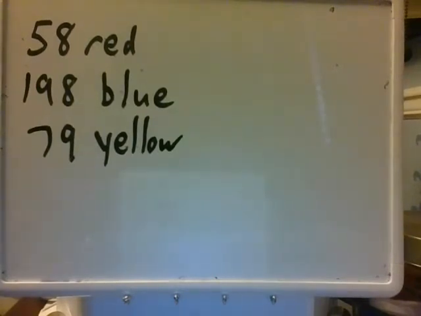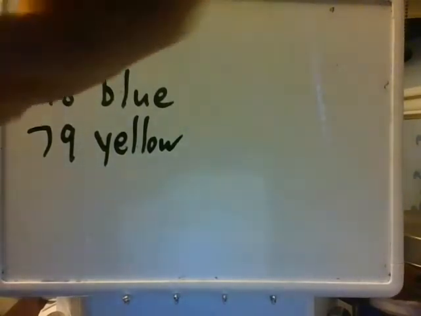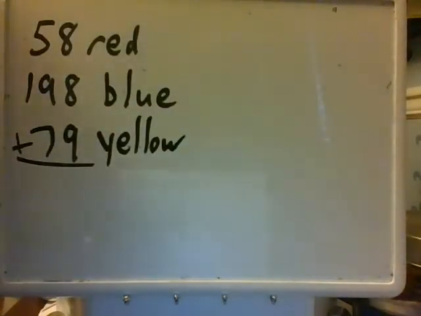Well, the first thing that you have to do here is add them up. So I want you to add these up real quick: 58, 198, and 79. Okay, if I add these up, there are 335.